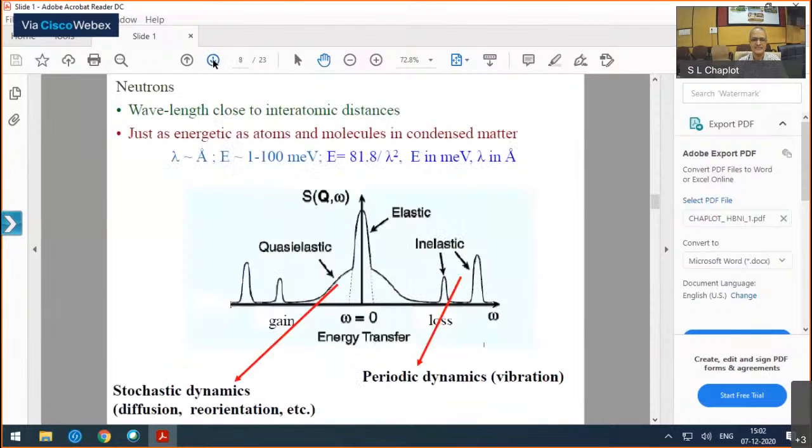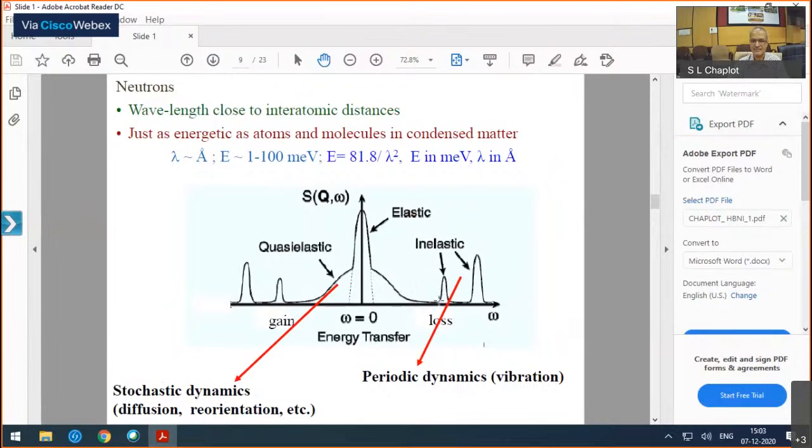So, if you plot as a function of energy transfer, you have the elastic scattering at omega equal to 0. You may have a Lorentzian distribution around the elastic point, and the width of this Lorentzian distribution is related to the relaxation time of the stochastic dynamics, diffusion or whatever you have. We will go into more details of that.